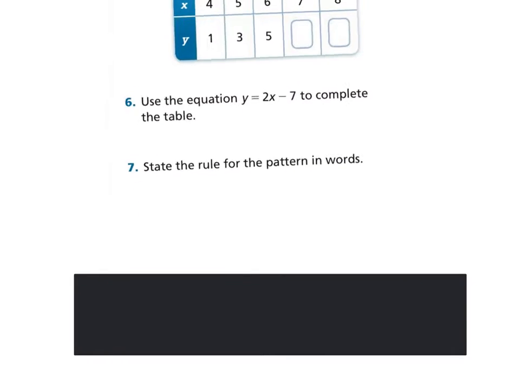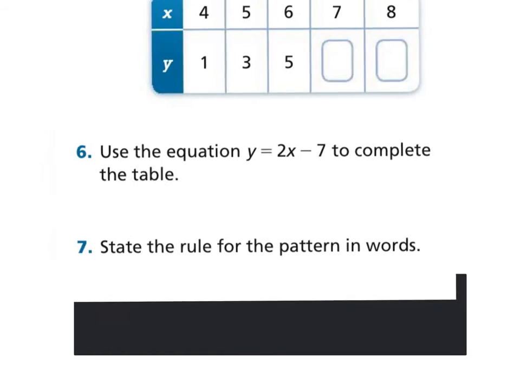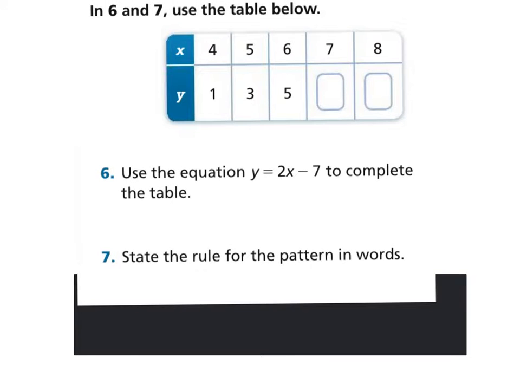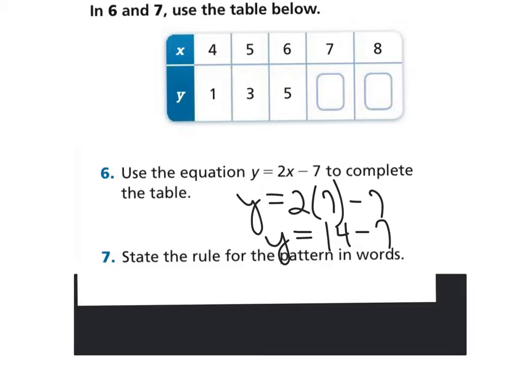Okay, so using that equation, we're first being asked to put a 7 in place of x. Might work better that way. Okay, so we put a 7 in place of x, and we multiply. So 2 times 7 is 14, and then 14 minus 7 is 7.